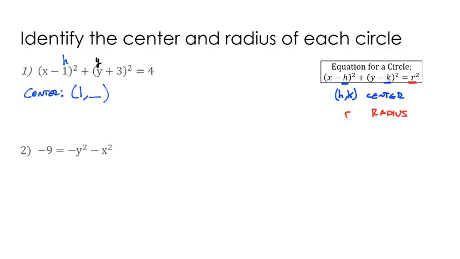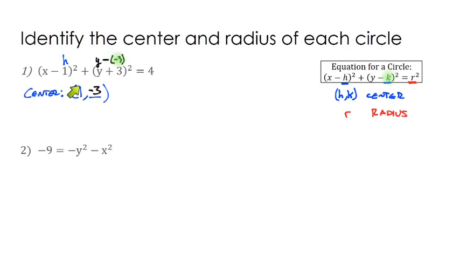This is the same thing as y minus a negative 3, because when you subtract a negative, that's the same thing as adding. So if I identify that k value as the number that comes after the minus sign, in this case that number is a negative 3. So our y-coordinate there would be a negative 3.